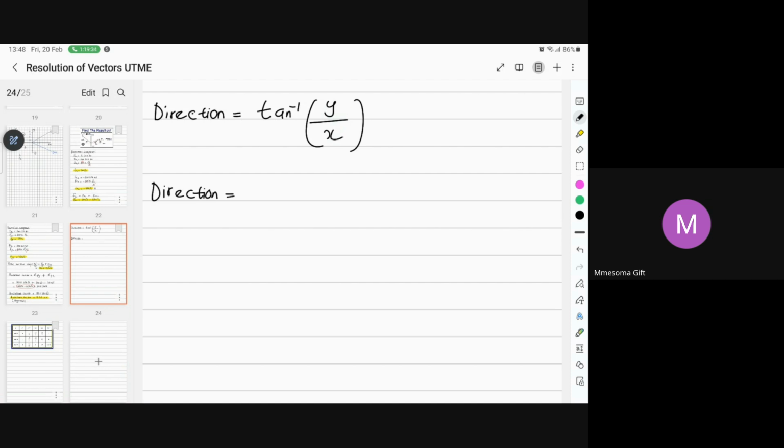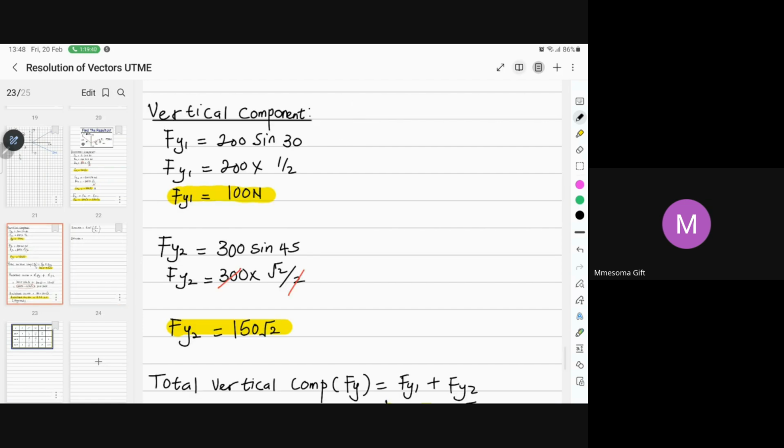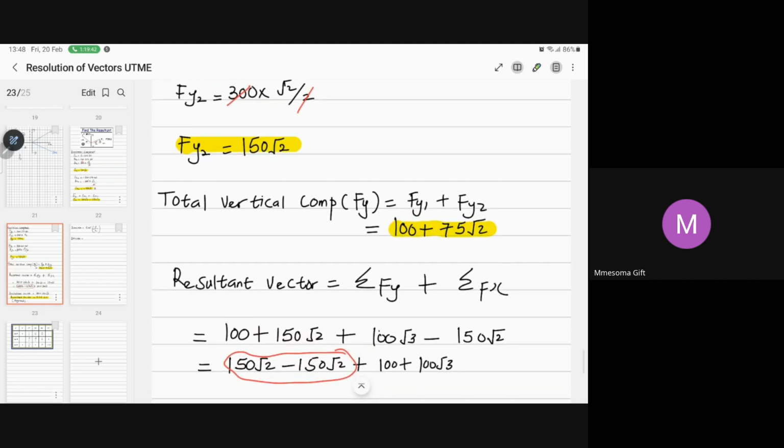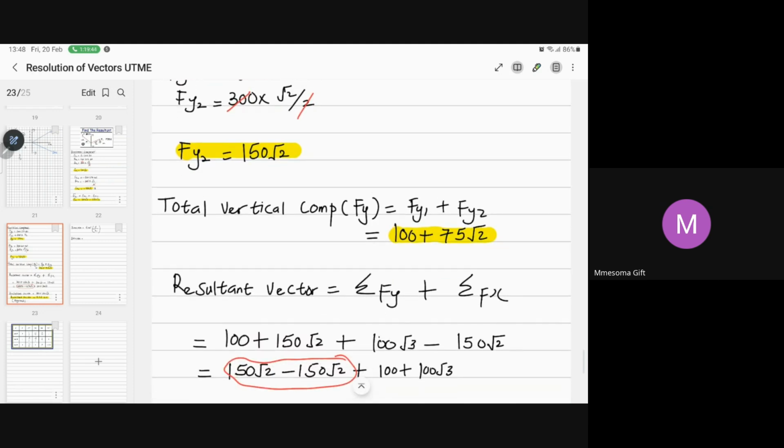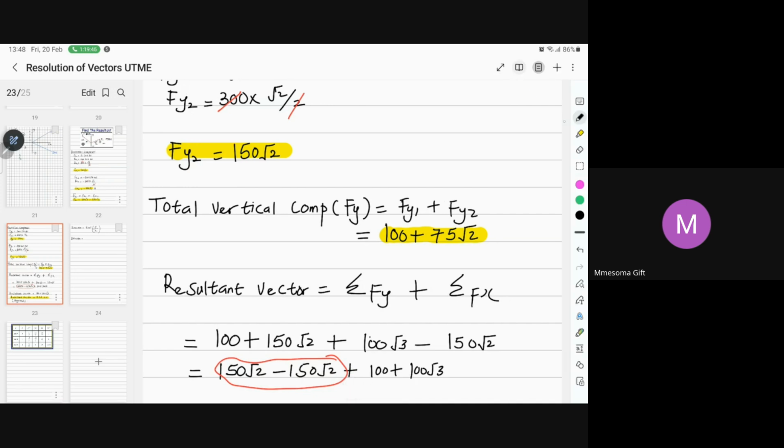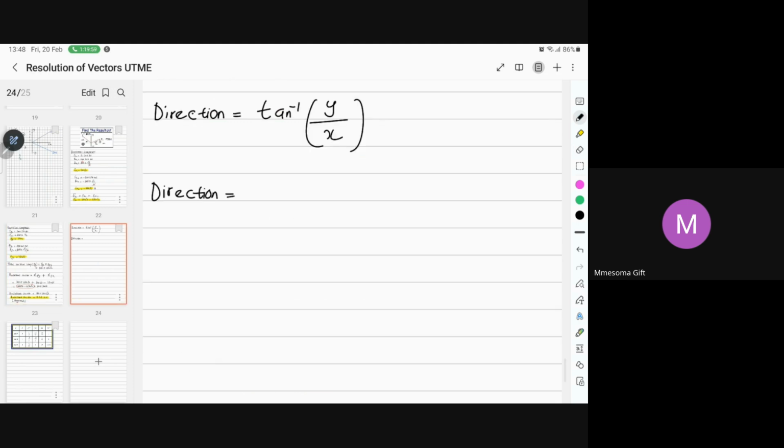Total vertical component is, I think I didn't erase something here. This will be 100 plus 150, right? Yes, 100 plus 150. So as we have, this is y, 100 plus 150 root 2. So let's get the value.